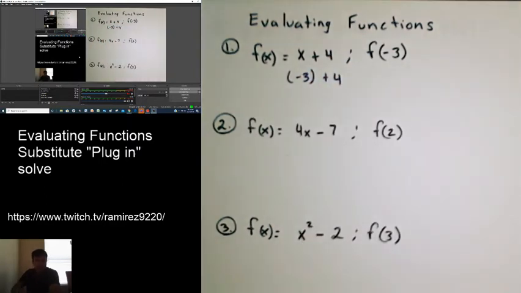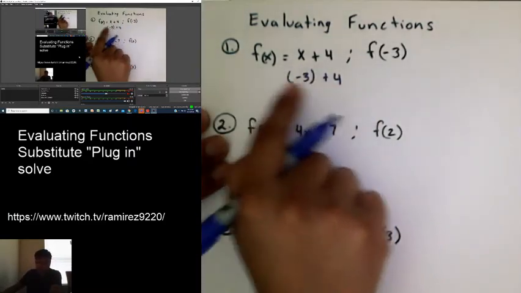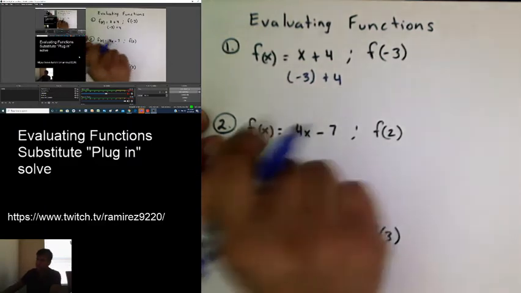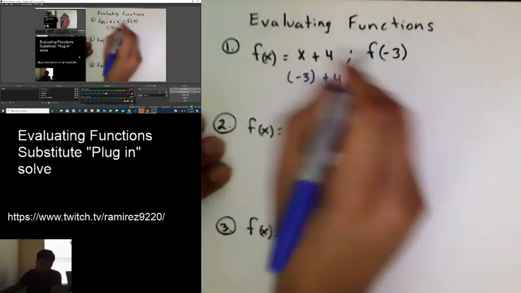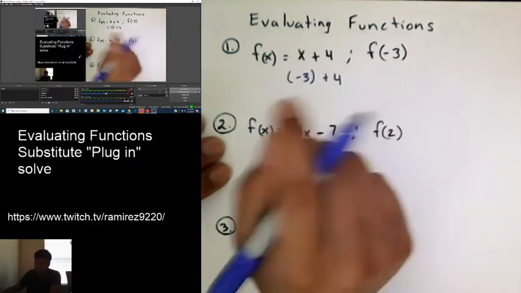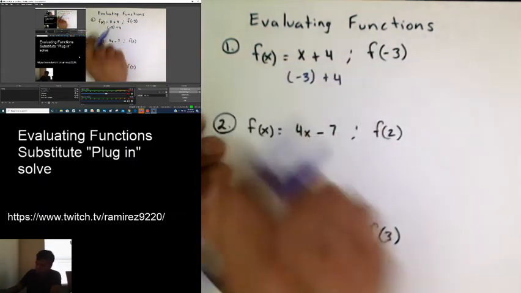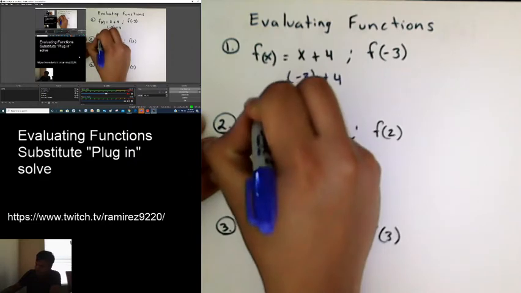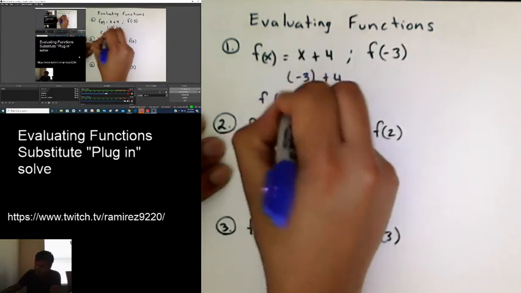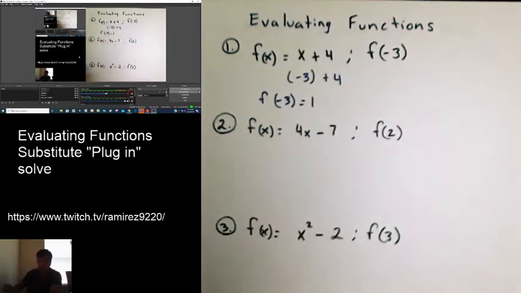I like to put it in parentheses because later on it makes more sense than just leaving it like that. We're completely substituting it. But anyways, here you can tell there's no point for the parentheses. So it's just -3 plus 4. And -3 plus 4 is just 1. So f of -3 is equal to 1.